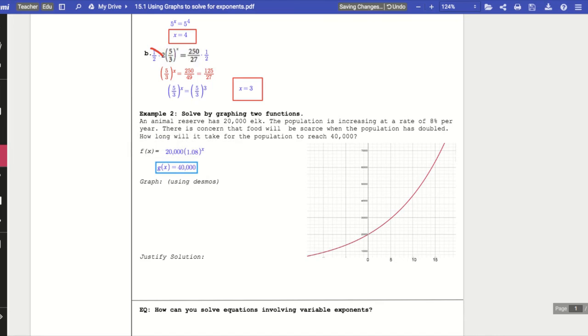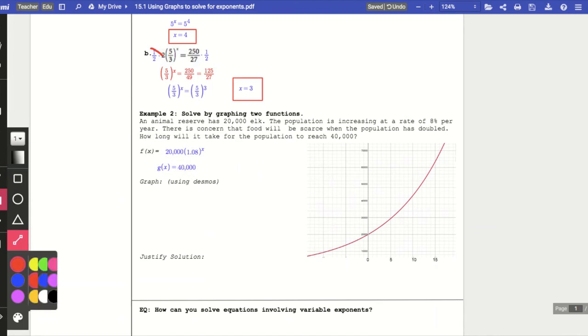That's a pretty easy function, just a horizontal line at 40,000. Oh, I did graph it. Look at me being extra. It's just very faint, so I'm going over it so you can see it.